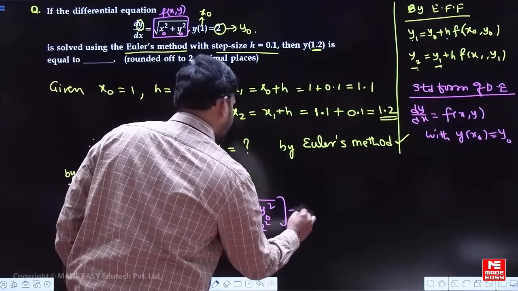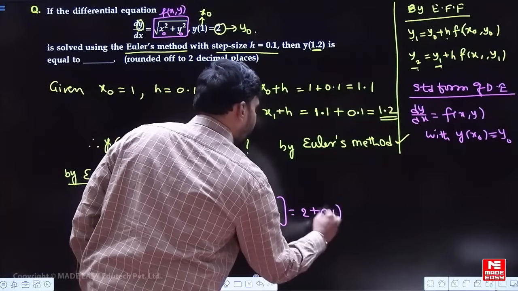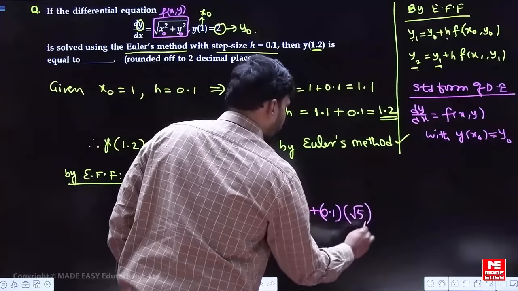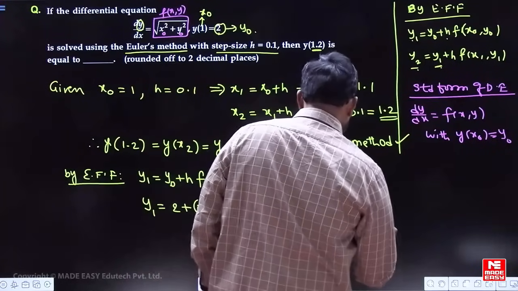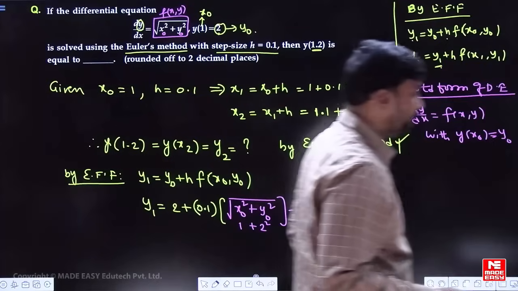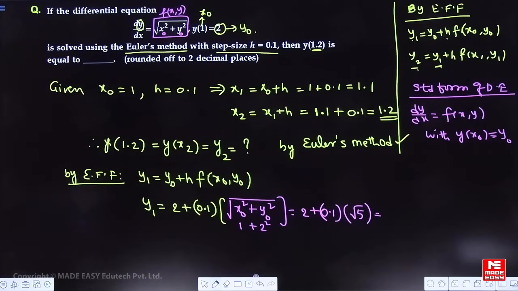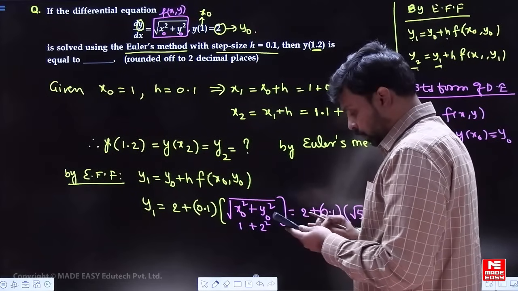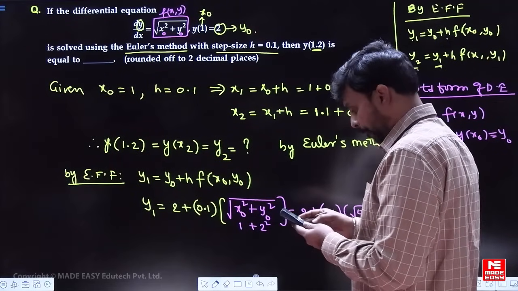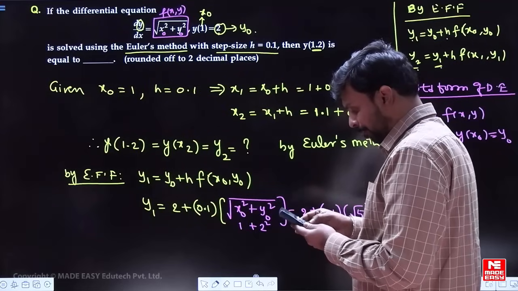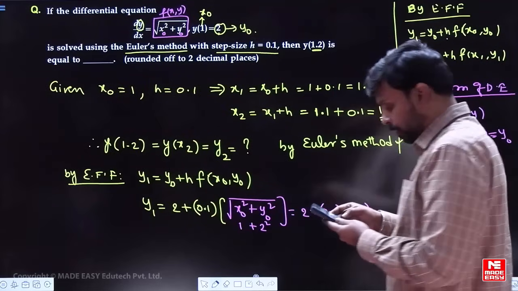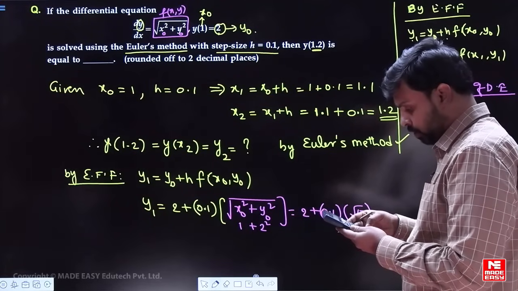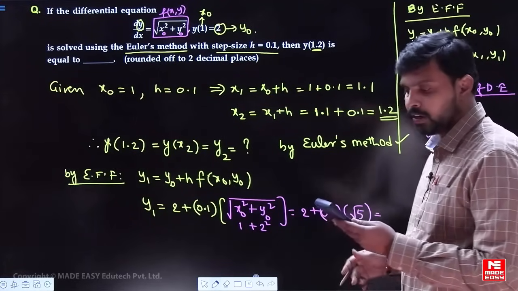Now you can take 2 plus 0.1 into the root 5 value. Let us calculate this value once. So it is 2 plus 0.1 into the square root of 5, which is 2.2236.